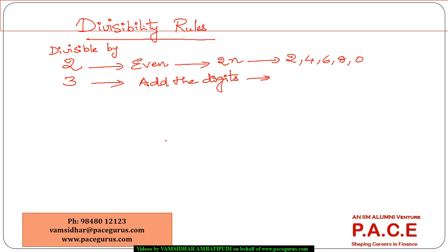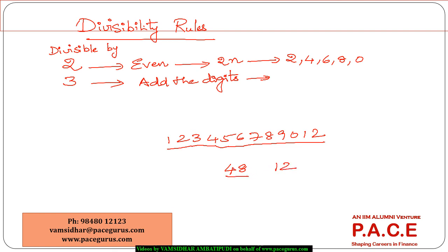So let's say I'm talking about a number 1, 2, 3, 4, 5, 6, 7, 8, 9, 0, 1, 2. I add up all the digits 3, 6, 10, 15, 21, 28, 36, 45, 48. Now, if this is too big, again add up all the digits, 4 plus 8, 12.